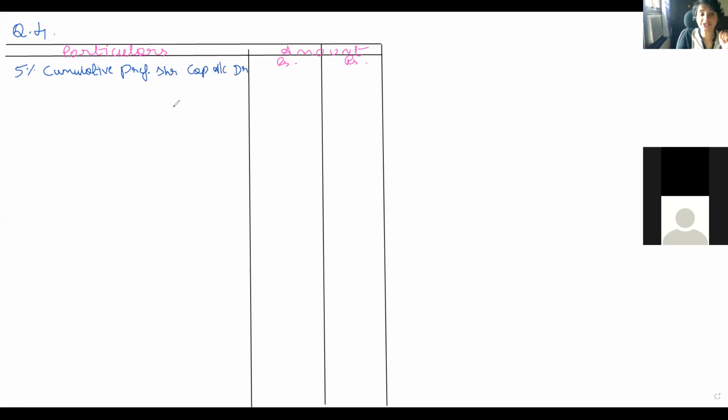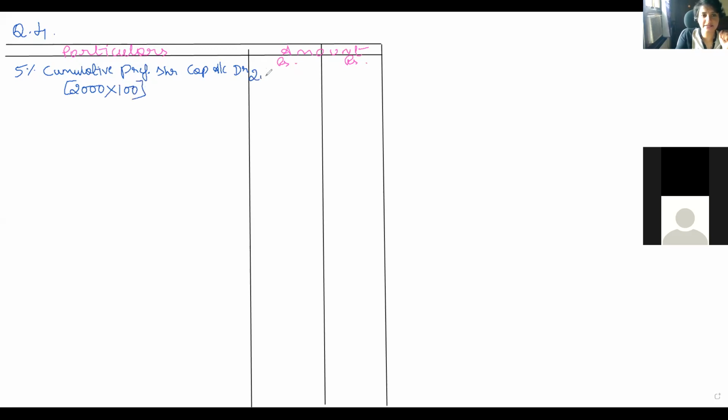Okay. So how many shares were already there? 2000 shares of rupees 100 each were already there. Correct? So that is the question. So 2000 multiplied by 100. What is the amount?